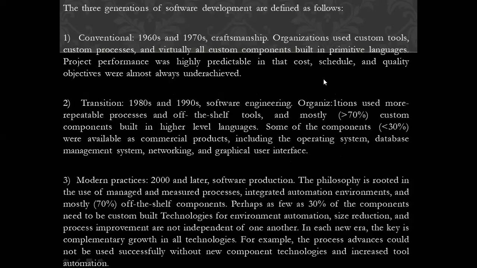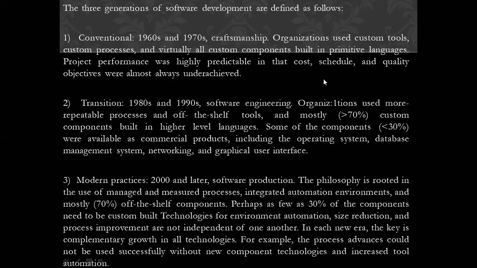Project performance was highly unpredictable in that budget, schedule, quality objectives were almost always underachieved.